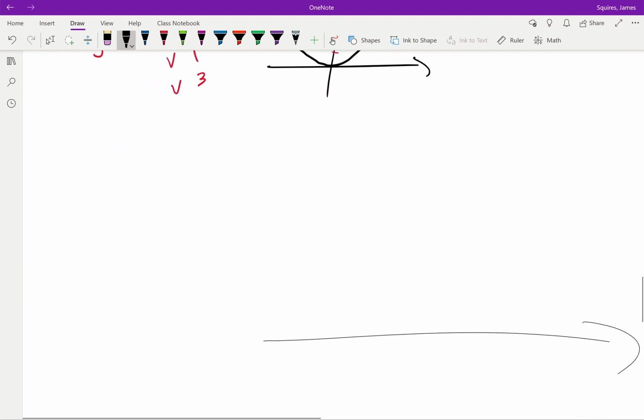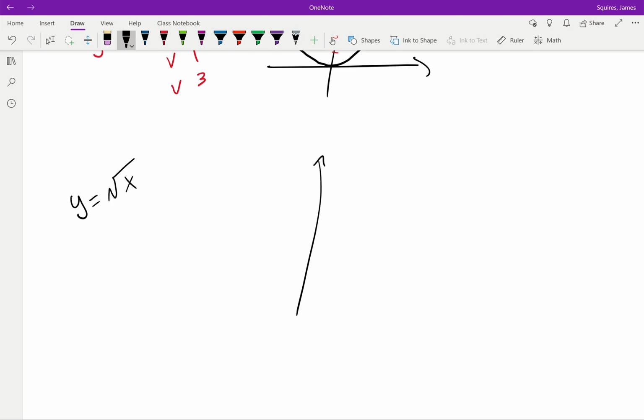Let's do one last example, where we have our original function, which might be y equals square root of x, and we were asked to graph that. That starts at the origin, increases, but it increases at a decreasing rate.